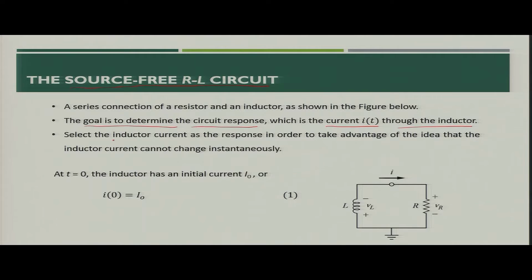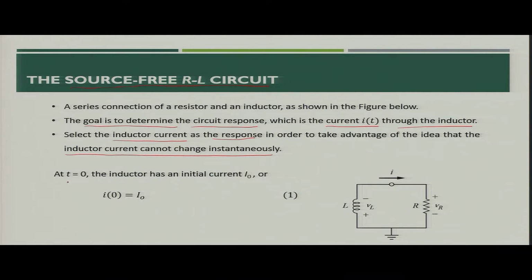We have selected the inductor current as the response because the current through an inductor cannot change instantaneously. Similar to the RC circuit where the capacitor voltage cannot change abruptly, here the inductor current cannot change instantaneously.